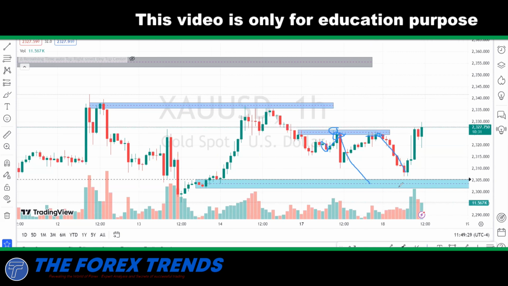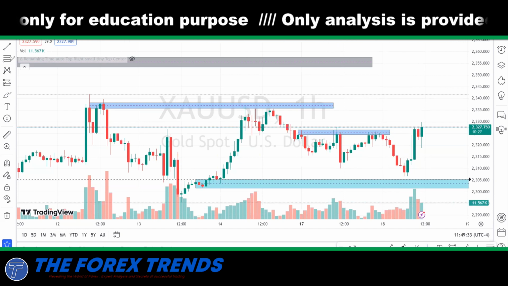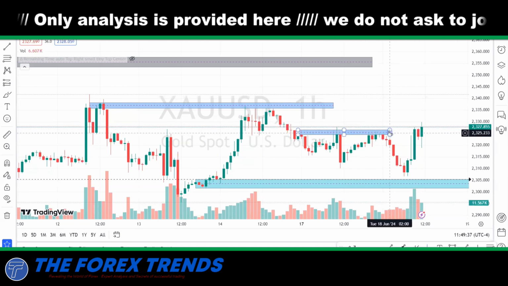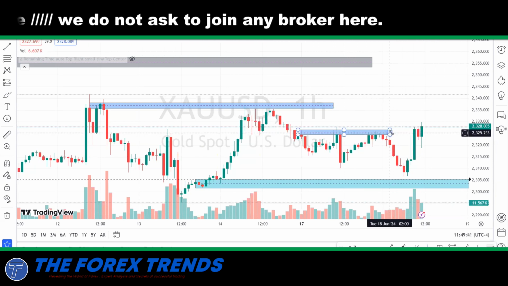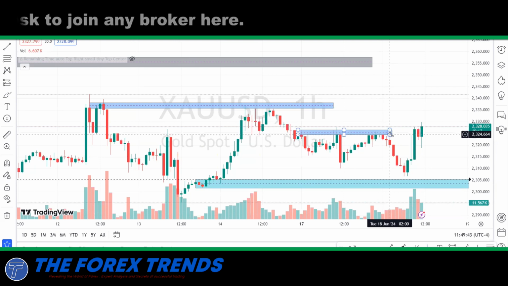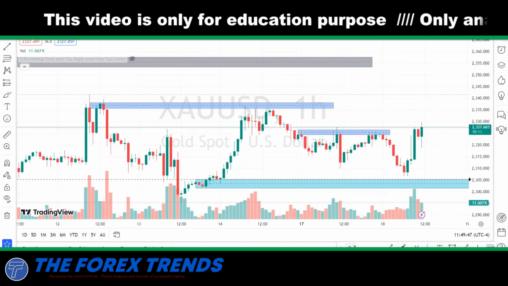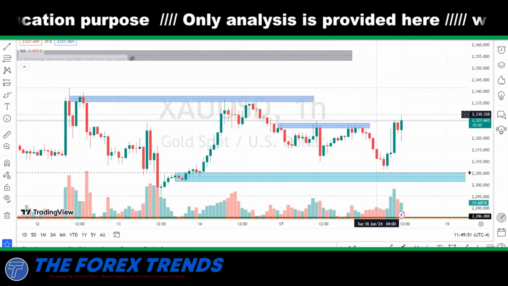This time the market again reached this level, but I did not initiate any sell here because of this momentum candle. Look at this candle, let me show you.